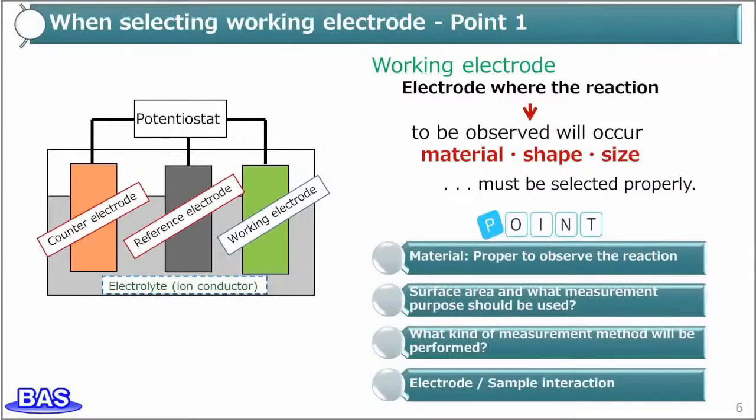How much surface do you need? What kind of measurement method do you want to implement? In addition, the working electrode is selected in consideration of the total action between electrode and the sample.